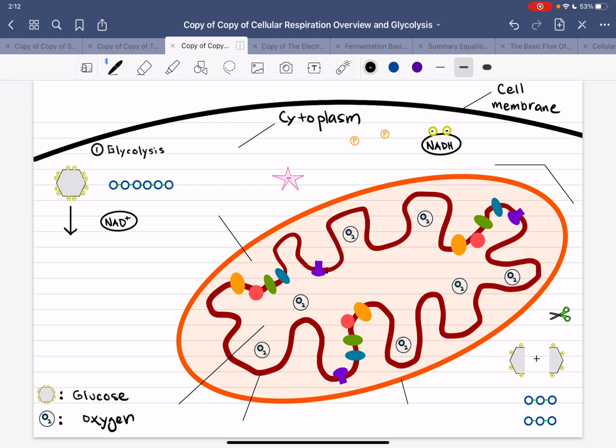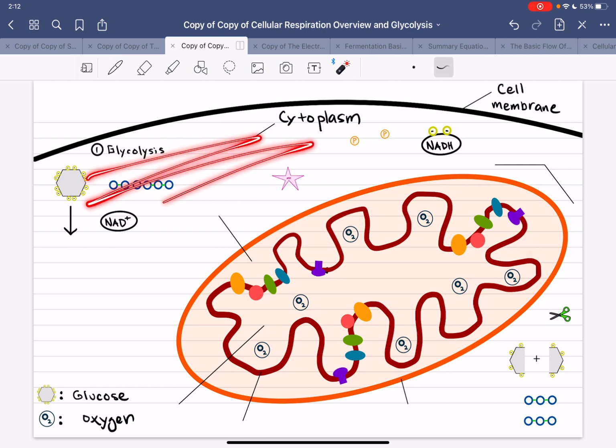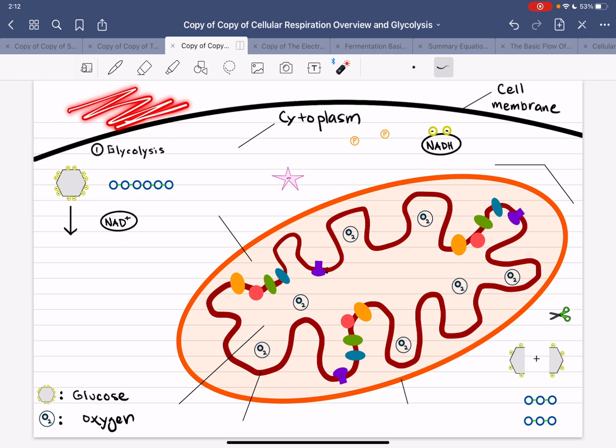And I want to note that when you breathe in oxygen, it diffuses from the atmosphere, from high to low, into your lungs, into your blood, into the many cells of your body. Then it diffuses inside a very special organelle called the mitochondria. And it's able to do so because there's less oxygen outside your cell than in.